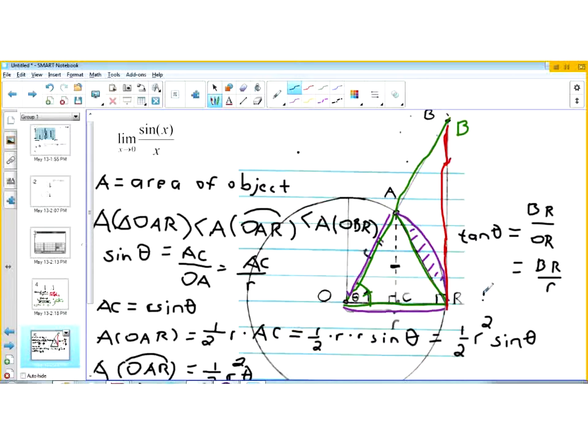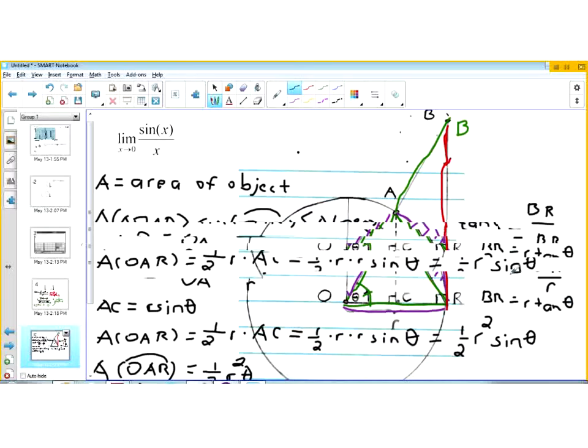So the height of triangle OBR is simply BR, and that's equal to R tan theta. Okay, so you can see that from the picture. I'm hoping that you're able to recall enough trigonometry to understand these fundamental ideas.